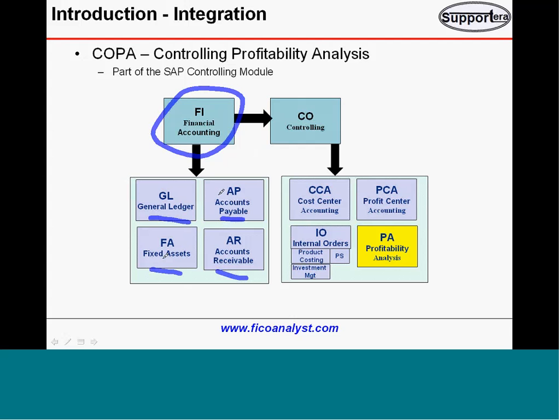Then when you talk of CO controlling, which is management accounting, we try to understand cost center accounting: how cost centers are created, the hierarchies we created, the master data, allocation, planning, and all that we have seen. In the same way you have PCA, profit center accounting, and internal orders.